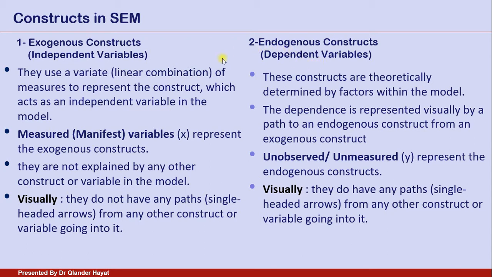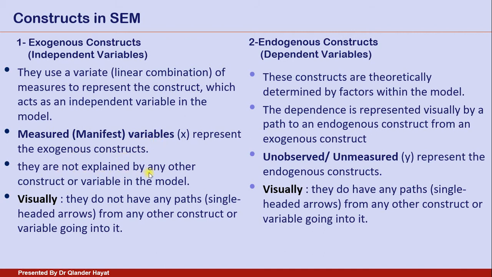First of all, I just want to describe the characteristics of exogenous constructs or variables. They use a variate or linear combination of measures to represent the constructs which act as an independent variable in the model. Basically the measured or manifest variables represent the exogenous constructs.